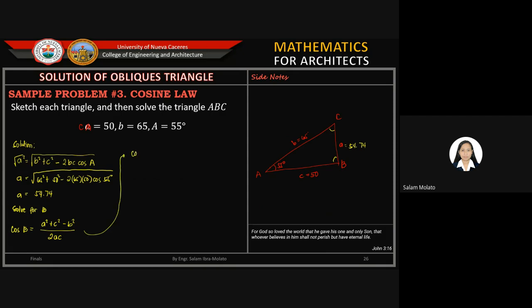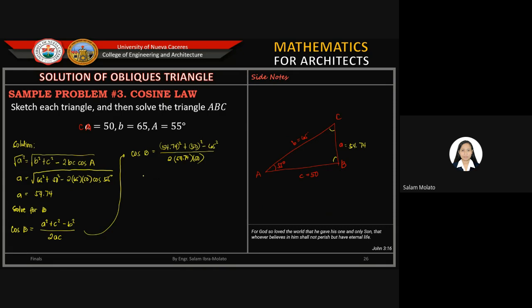Cosine B is equal to A squared, A is 54.74, right? Squared, plus C, C is 50 squared, minus B, B is 65 squared. All right. Divided by 2 times AC. That is 54.74 times 50. Okay.